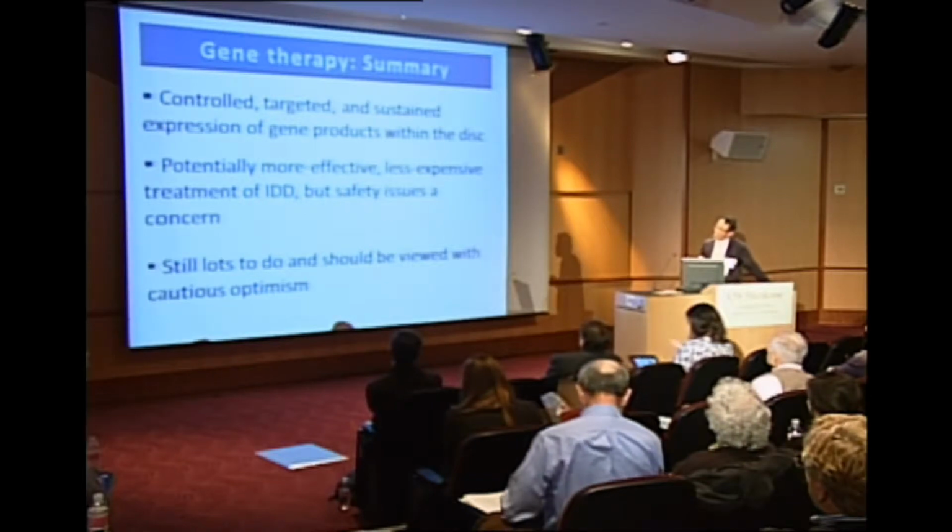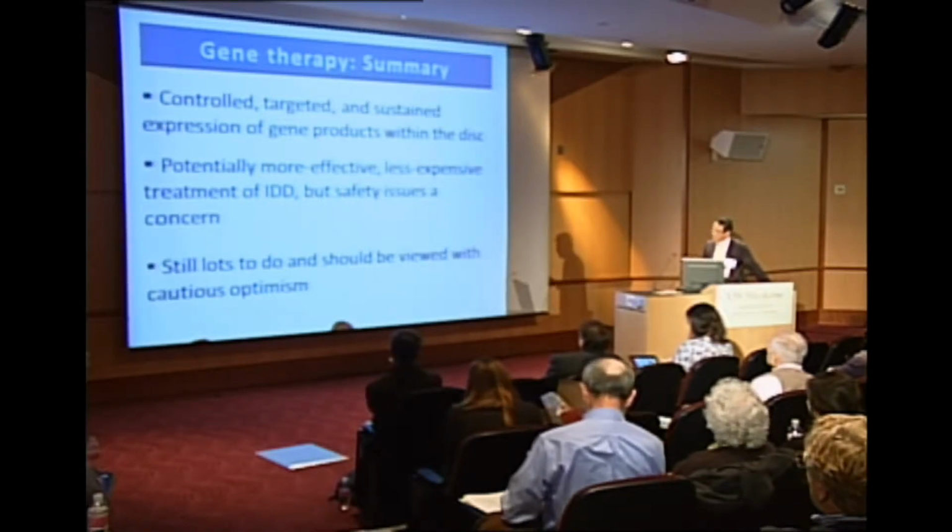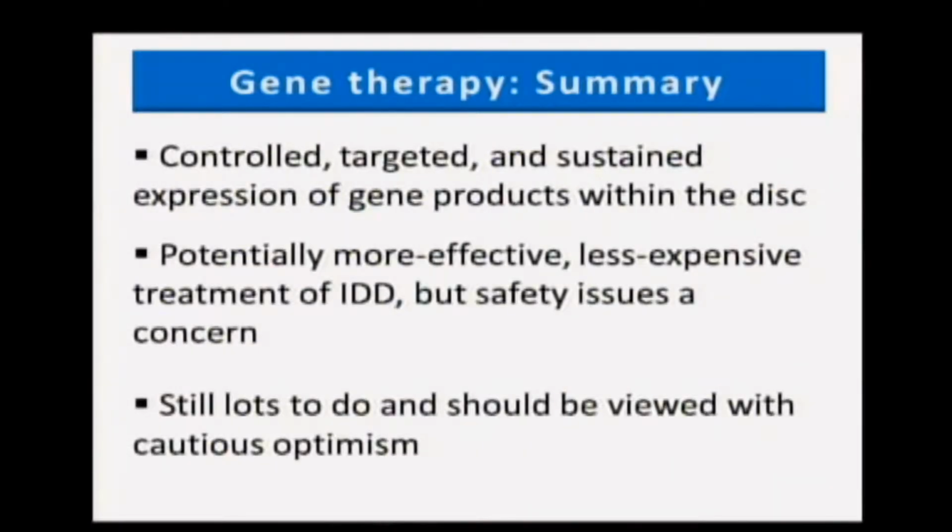So from my perspective, gene therapy I still think has some potential. It's controlled, targeted, sustained gene expression within the disc, and we've shown that we can do it. Potentially more effective, less expensive than other ways of treating it, but safety issues are still a concern. I think there's still a lot to be researched, but there should be some cautious optimism.